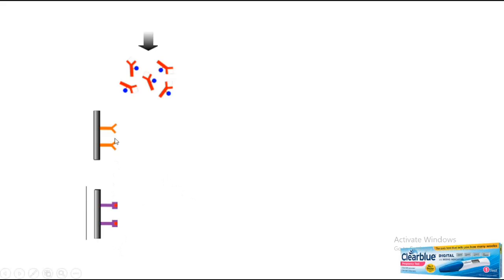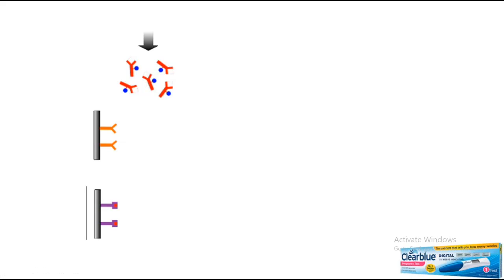So you have two antibodies present, okay? This antibody is directed against the target, okay? That is the compound that's responsible for pregnancy. Whereas this antibody is directed against the detection antibody, okay? So this is how it happens.